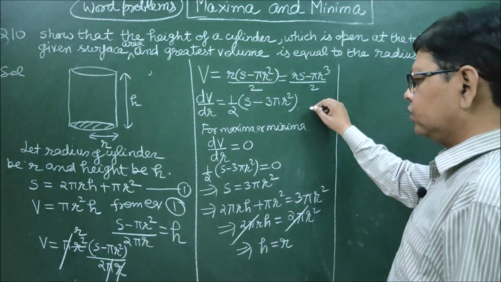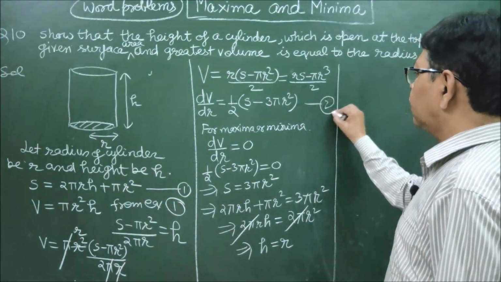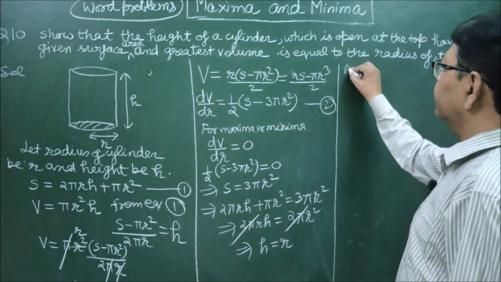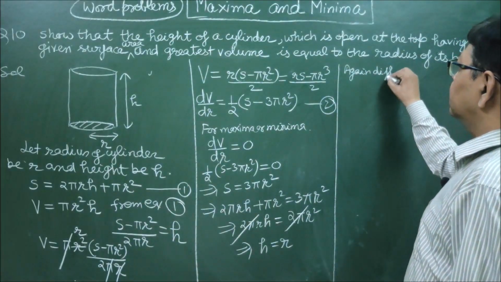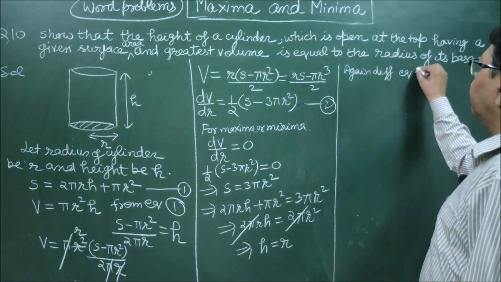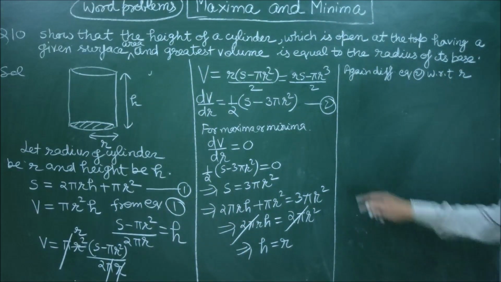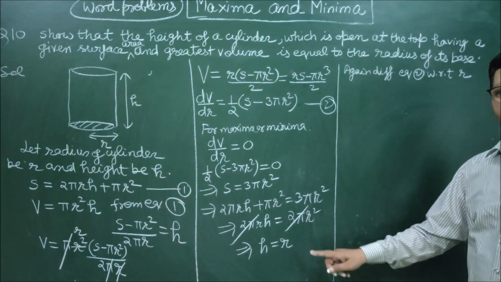Now let us find the second derivative of this function. Again differentiating equation 2 with respect to r, to see for this value of h whether the function is maximum or minimum.